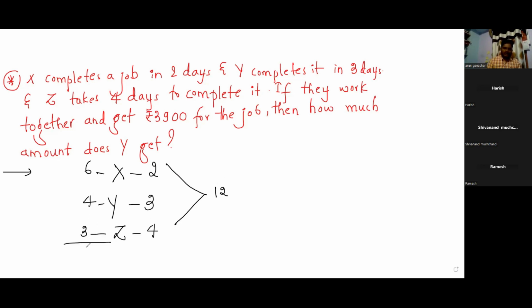If we add all of them, it will be 13. We want Y's share, so we take efficiency of Y, that is 4, divided by total efficiency, that is 13, into total money 3,900. 13 ones are 13, 3 threes are 9, so 4 threes are 1,200.